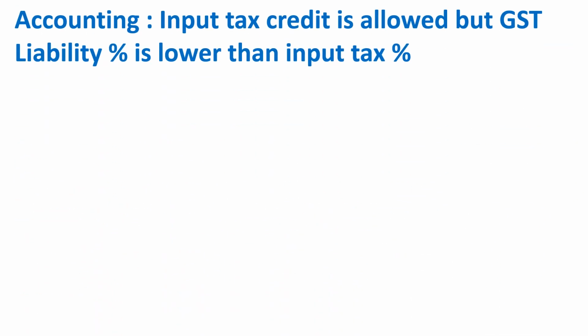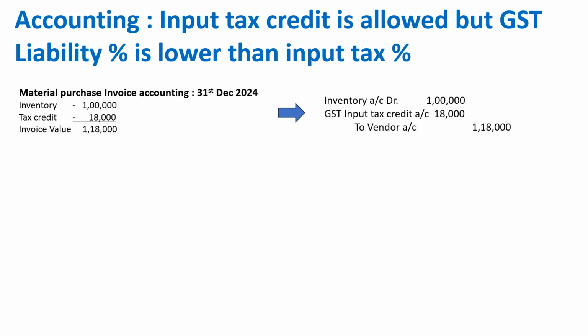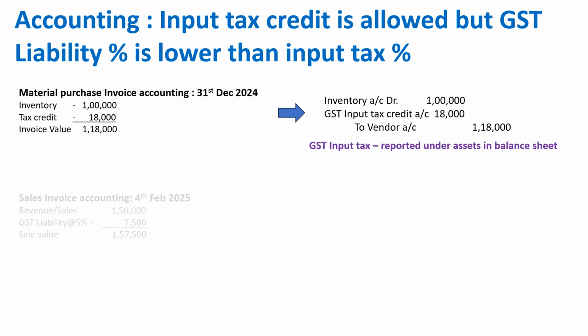Now let's understand the accounting part. When the invoice is received by the customer, the accounting entry remains the same as scenario 1: inventory account debited 1 lakh, GST input tax credit 18,000, to vendor account 1,18,000. And what's happened here? GST input tax of 18,000 is reported under assets in the balance sheet.